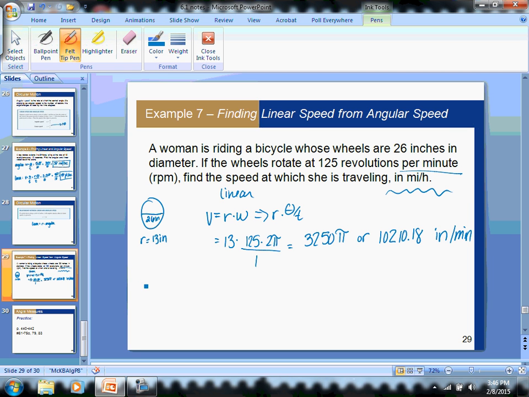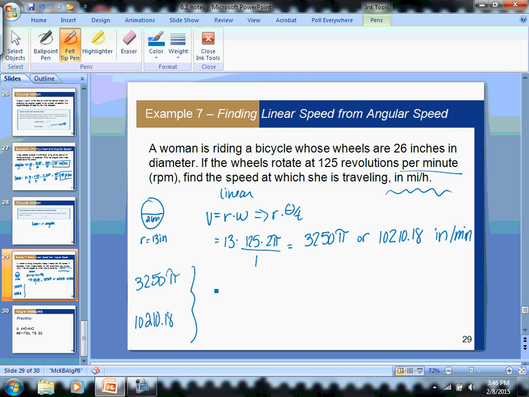Okay? So it doesn't matter which measurement you start with. You could start with the 3250 pi, or you could do the 10,210.18 inches. Okay? Either way though, whichever one you start with, we have to convert. Now these are both in inches, so it's inches per minute.